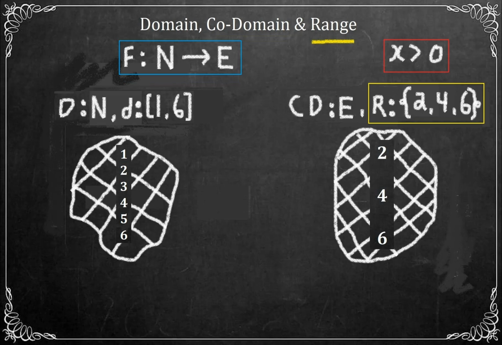For our function, we have the restricted range, which are the integers 2, 4, and 6, the set R in the yellow box. So what do you think? The way it's written, could that represent a better description of the function's behavior? Even if the function with its restricted range is describing something in nature or a mechanical process.